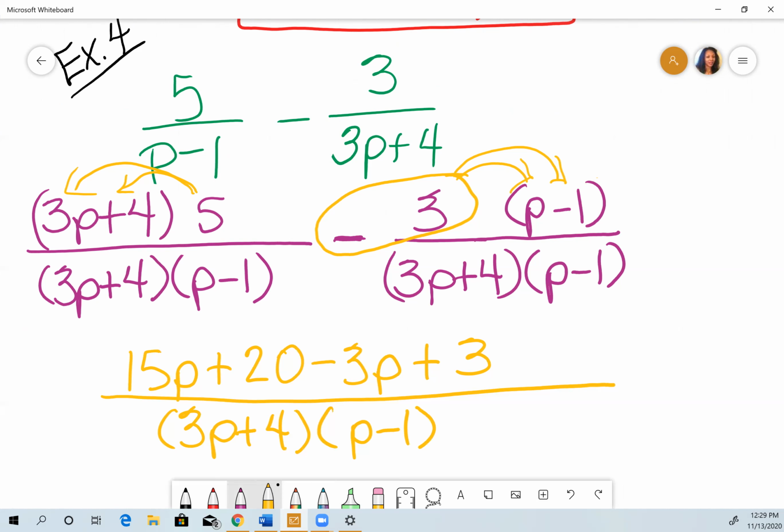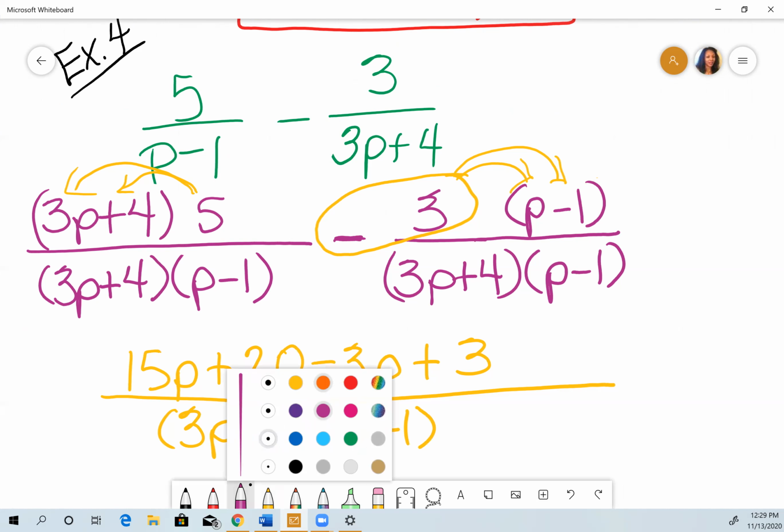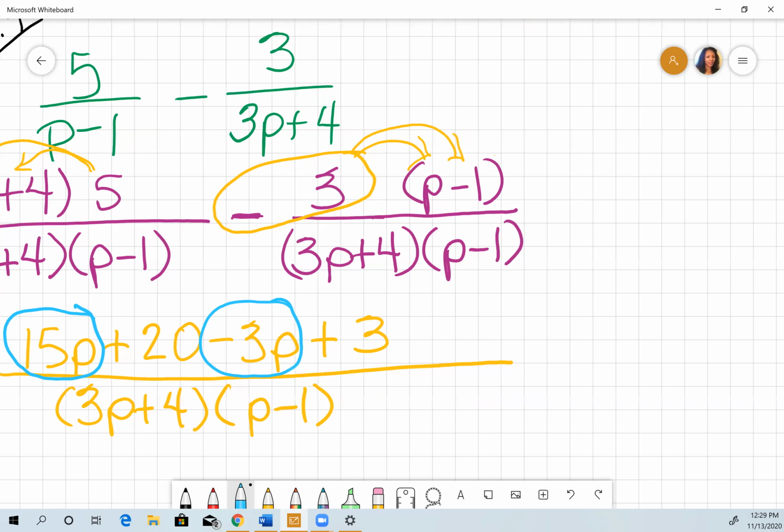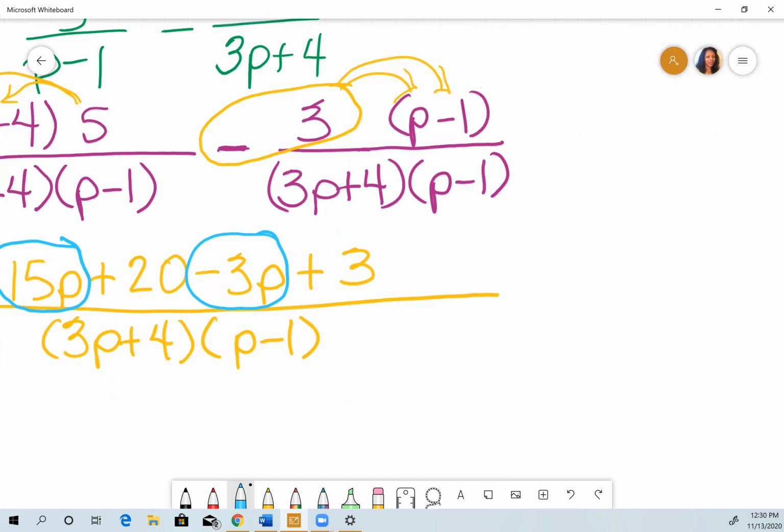You will be tempted to try to combine these like terms that are in the middle, but this was the one that actually has a p, not this one. So 15p and negative 3p, I'm going to rewrite this as 15 minus 3 is positive 12p. 20 plus 3 is 23.